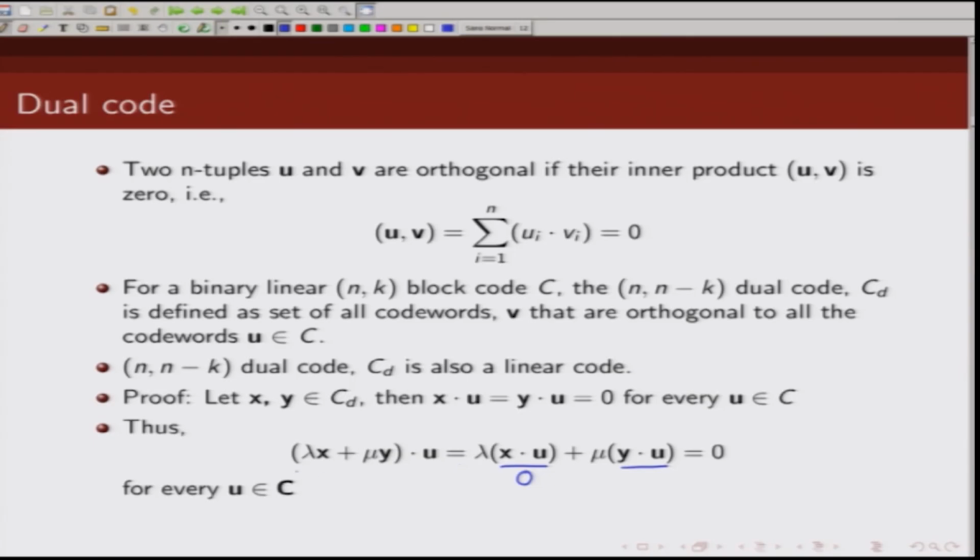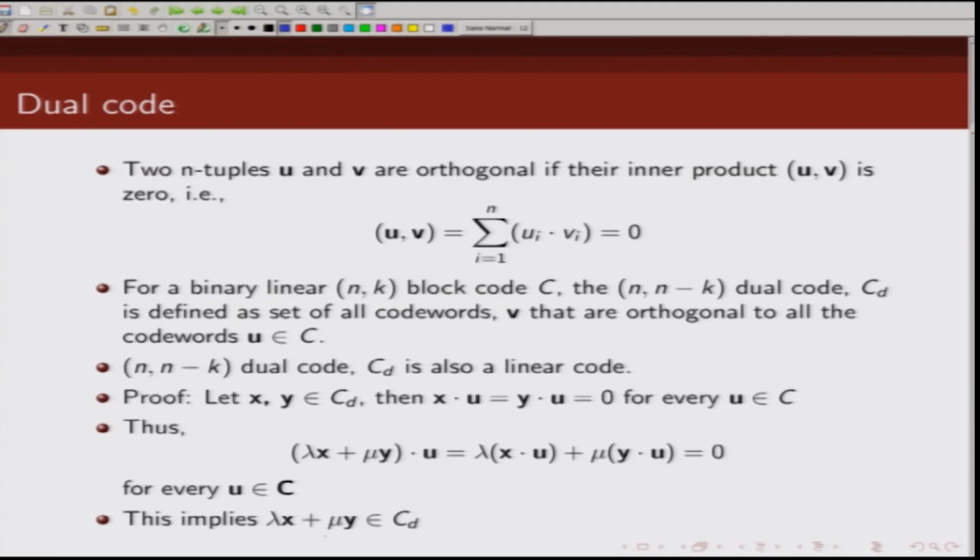So we have shown that this belongs to the dual code. So if the original (n, k) block code is linear, the dual code is also linear.